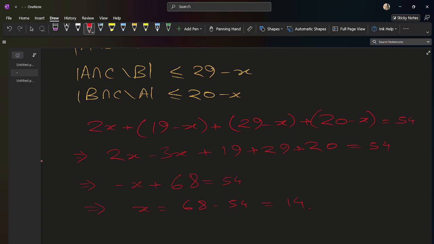So the number of elements in A intersection B intersection C will be equal to 14. So 14 will be the correct answer to the question.